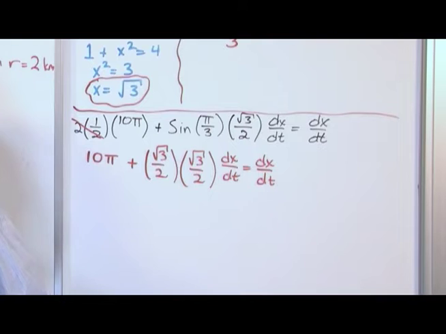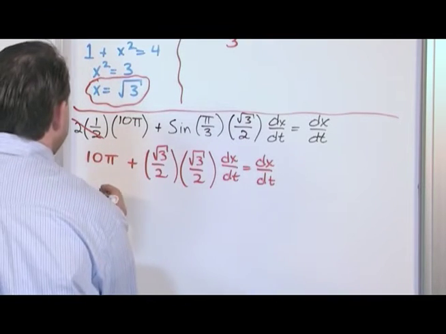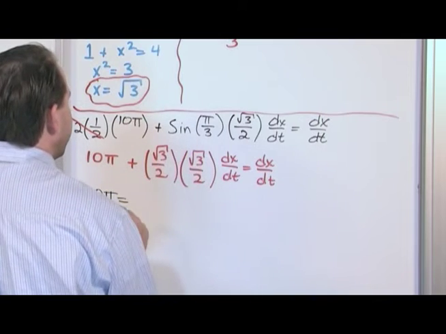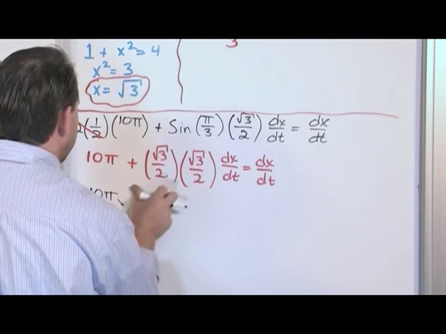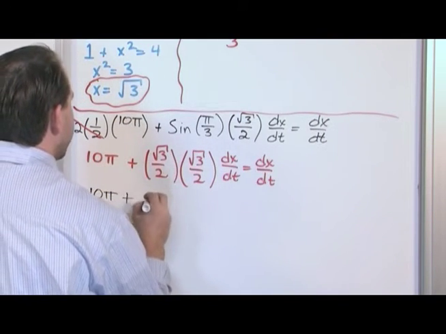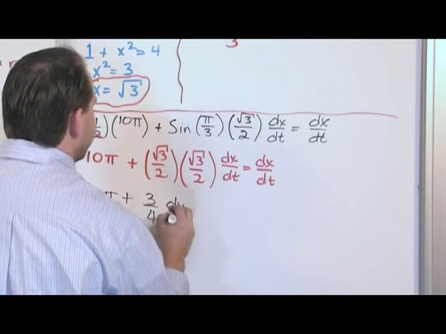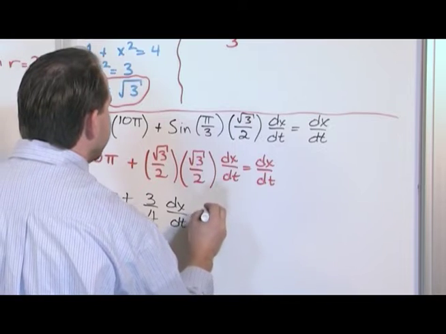So we'll just keep on simplifying. 10 pi is equal to square root of 3 times the square root of 3 is 3, over 3/4, because 2 times 2 is 4, dx dt is equal to dx dt.